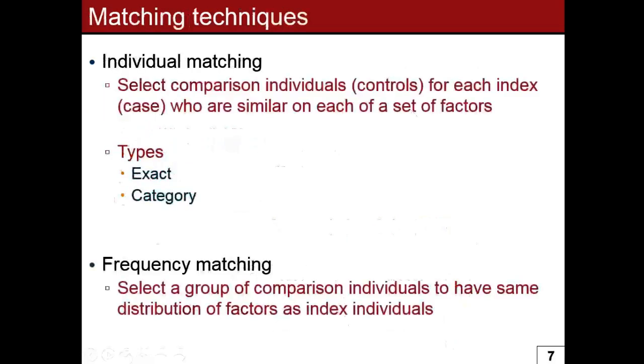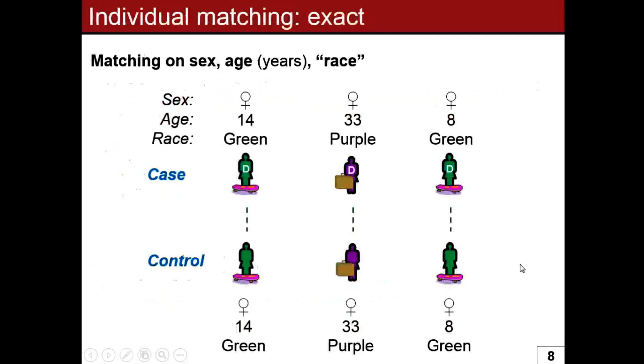And this is really where we were ending off, in the middle of talking about different methods for matching: individual matching and frequency matching. Individual matching is where you're recruiting in a very specific way, 1-to-1, 2-to-1, and so forth, controls that look like your cases on the factors of interest.